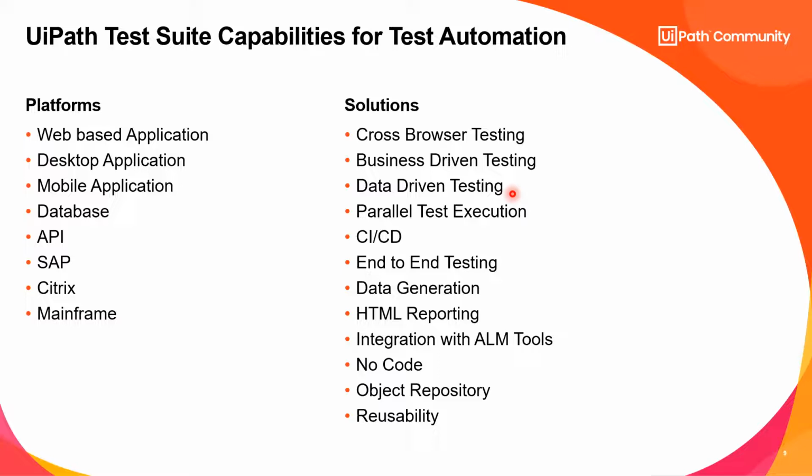Parallel test execution is again an important feature which we can achieve using UiPath. Then a very important part, CI/CD, that is continuous integration and continuous deployment. If we have created some test automation pieces and completed them, and we are working elsewhere, and down the line we want to upgrade the applications, application updates will generally break the sequence of code we have automated.